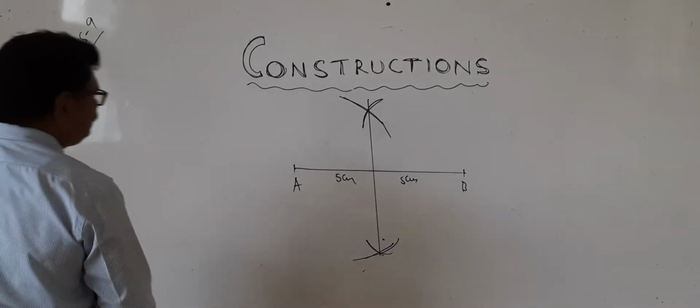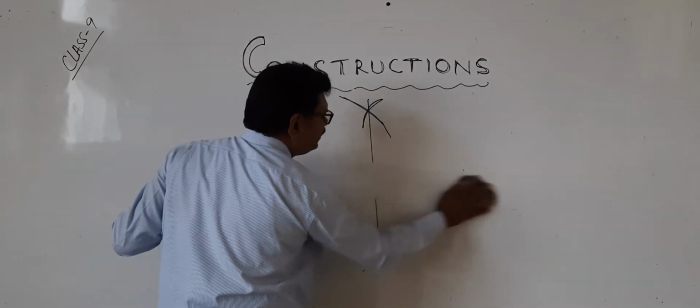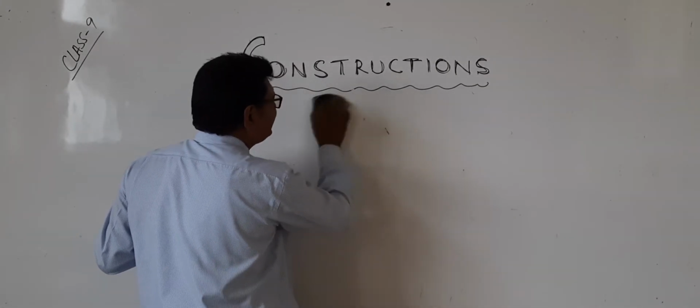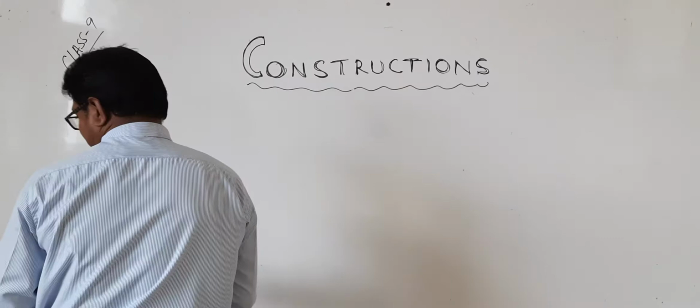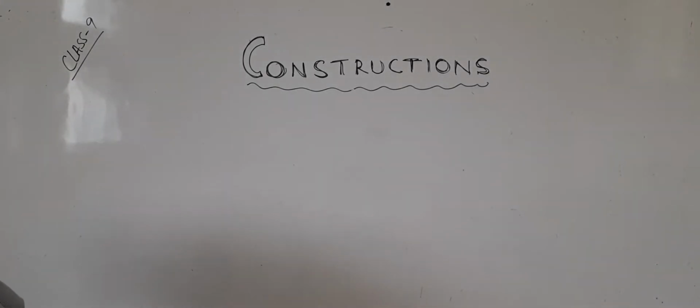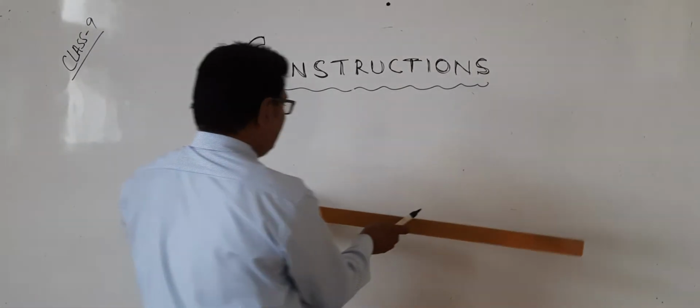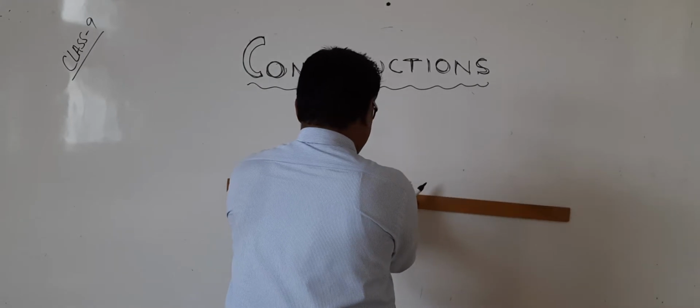Next, we will see how to bisect the given angle. Very, very important. Okay? Right. For that reason, there is no problem. We will construct a small triangle.